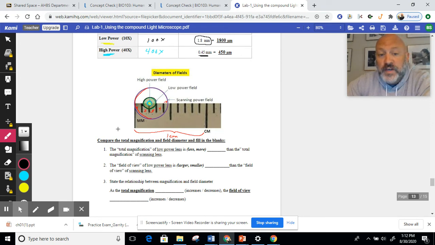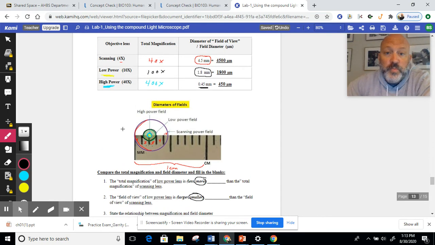Well, it is more, because 100x is more than 40x. However, the field of view of the low power lens is smaller than that of the scanning lens, because the low power field of view is 1.8 millimeters, but on the scanning lens, the field of view is 4.5 millimeters. We can see this much space because the scanner lens is not very powerful.